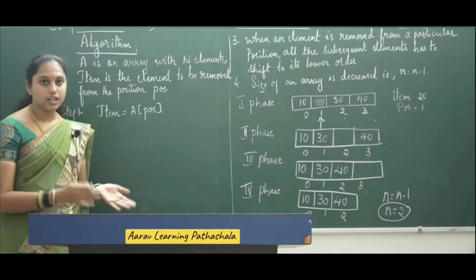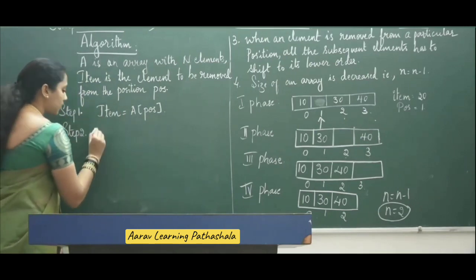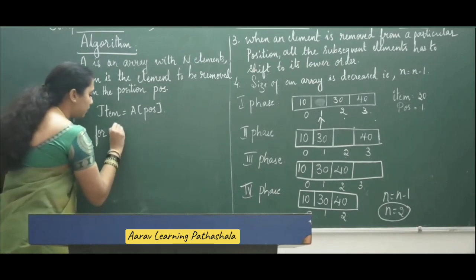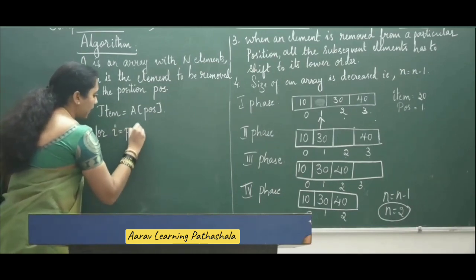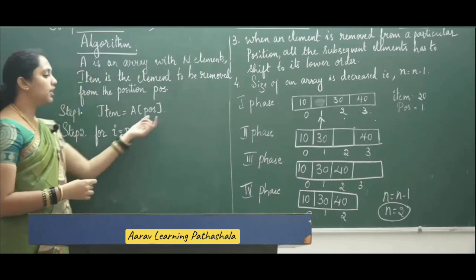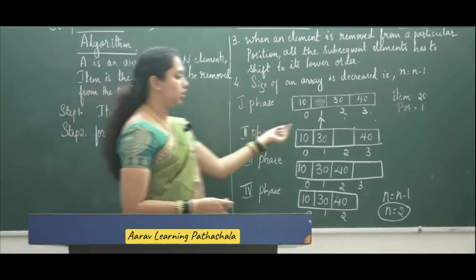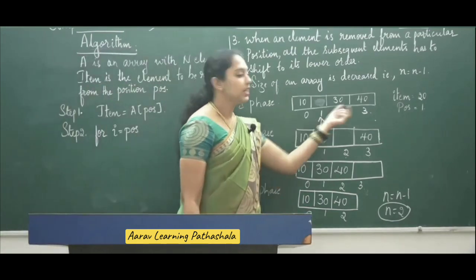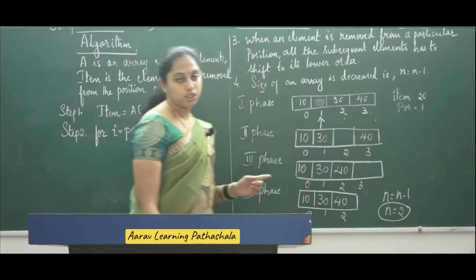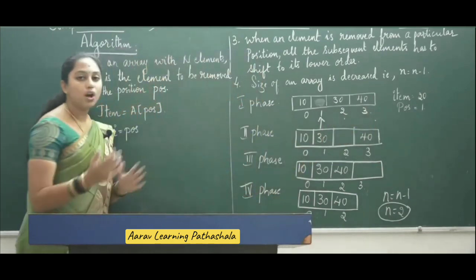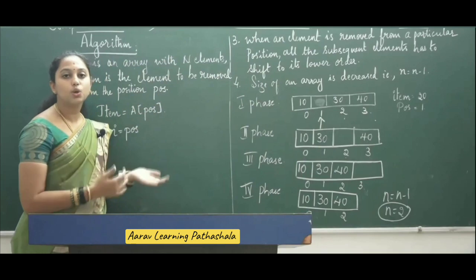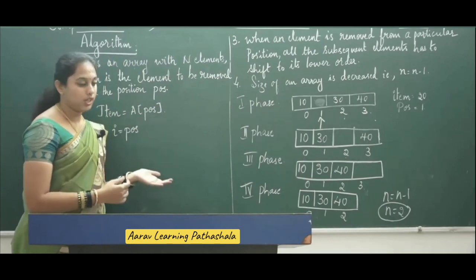So from position, that is for I is equal to POS, that is from the deleted position, from this position till the last position, we have to shift all the elements to its lower order position.